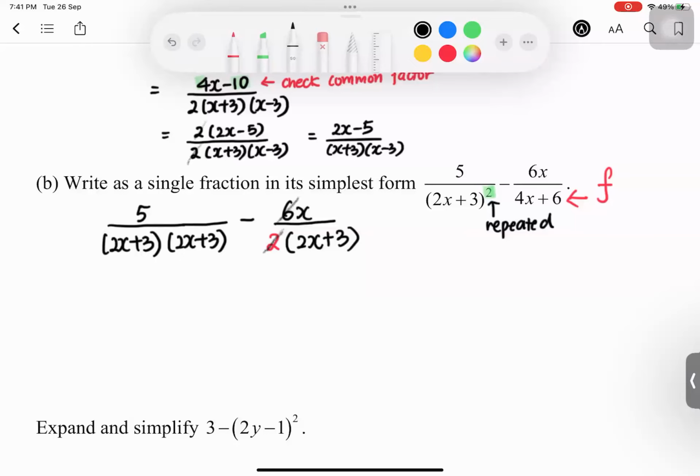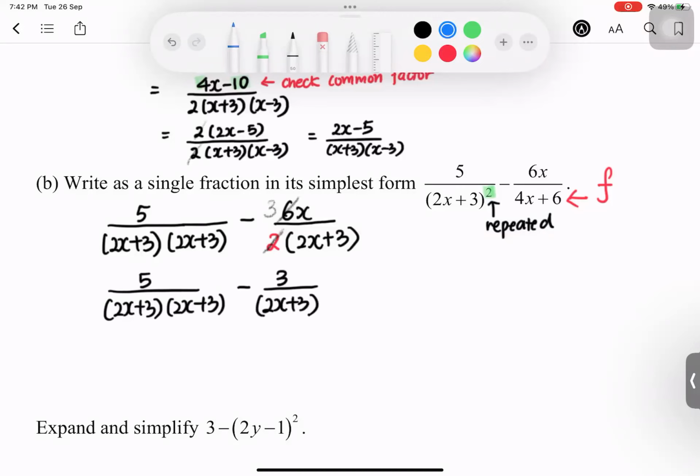I can divide by 2. Correct. Then this one become 3. So in this case, my number here become a little bit simpler. So this is 2x plus 3, 2x plus 3, repeated, repeated. Don't change the sign. That one is 3 over 2x plus 3.